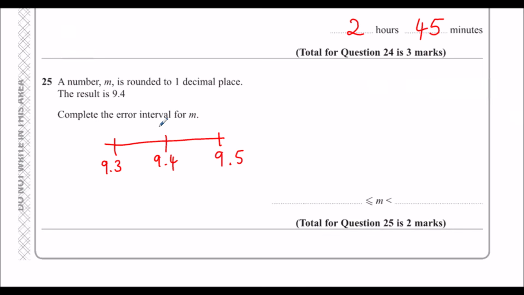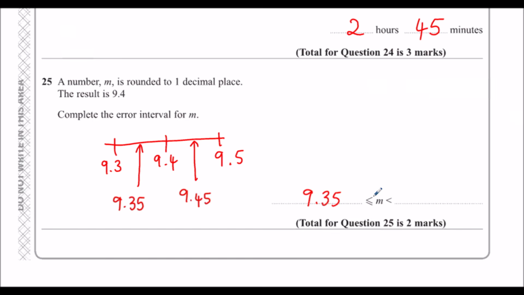So our number m must have been closest to 9.4. So we look at halfway between 9.3 and 9.4, 9.35, halfway between 9.4 and 9.5, 9.45. So it must have been between 9.35 and 9.45 to round to 9.4.